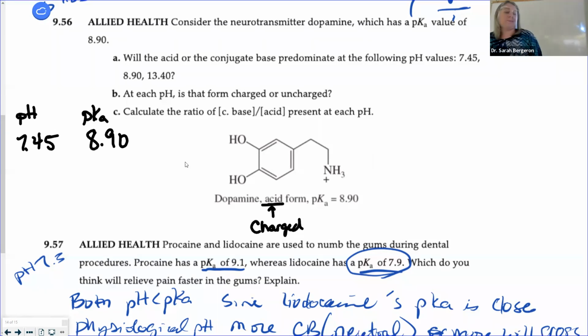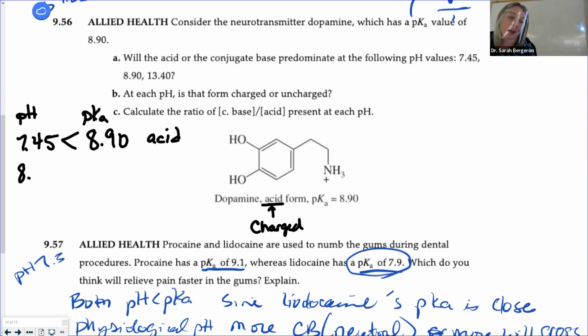Which one's bigger, pH or pKa? Our pKa is now greater than our pH, right? So what form is going to predominate when our pH is smaller than our pKa?